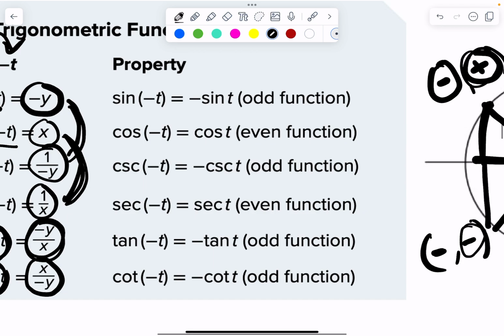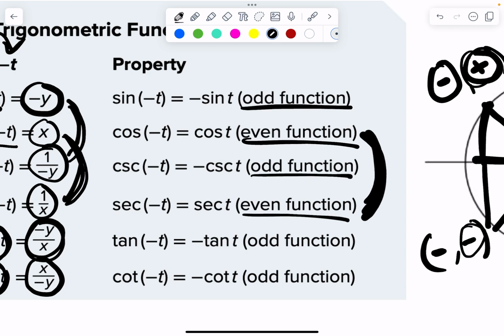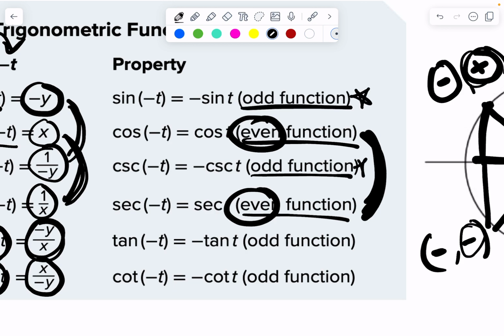Because of those properties, sine is an odd function, cosine is an even function. Cosecant is an odd function, secant is an even function. These two are the only ones that are even functions, because they are the only ones that stay exactly the same when you plug a negative in. Otherwise, all of the rest of them are going to be odd functions.